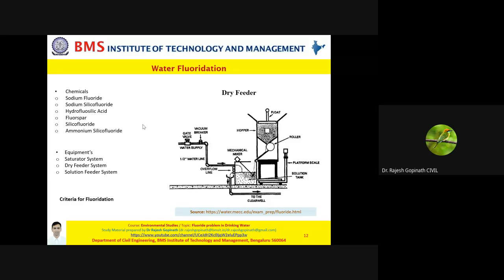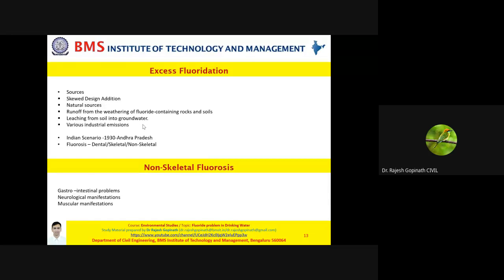Now let's move on to what I was talking about before, that is the problem of excess fluoride, in other words fluorosis. Friends, before I comment upon this, let's have a quick recap. Remember this: less than 0.75 ppm, the medical condition is called dental caries.